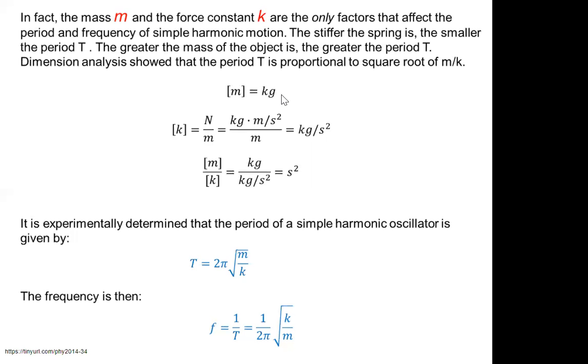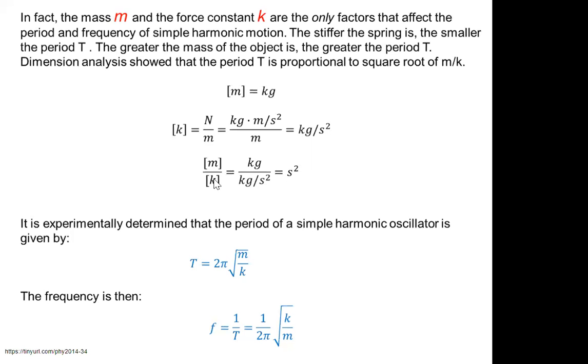So then looking at these two quantities, the mass and force constant, you realize you could already set up an equation that will give you the dimension of just the second, right? Because you can divide mass by K, which gives you second squared, and then you can take the square root of it to get the second, right?